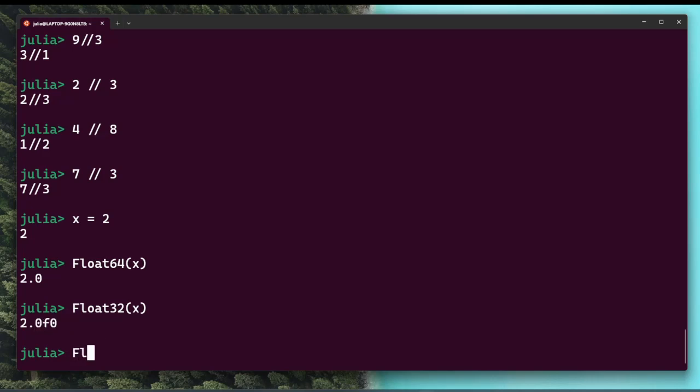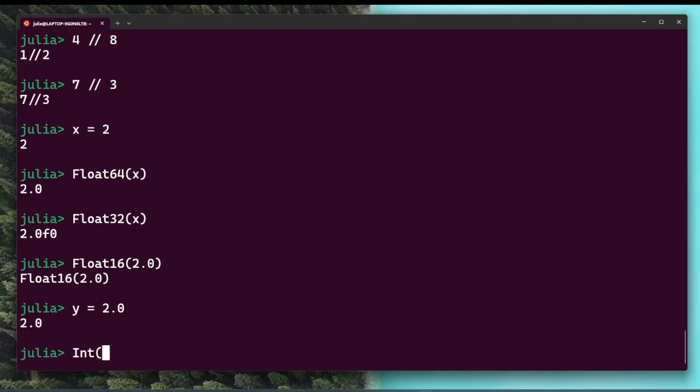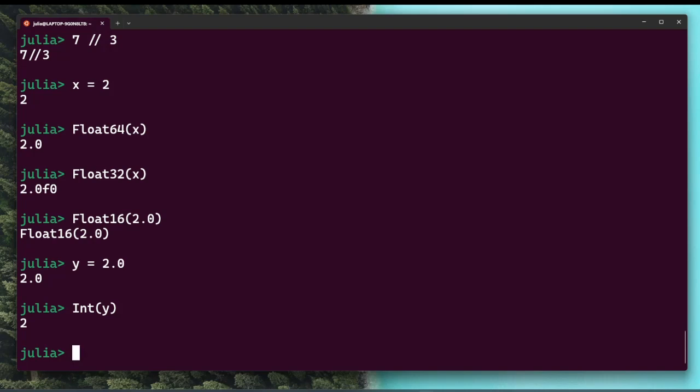And there is another of this precision, Float64. Now we can also convert to integers, and if you want to, there are other rounding formulas which we can use. You can also use Int64.